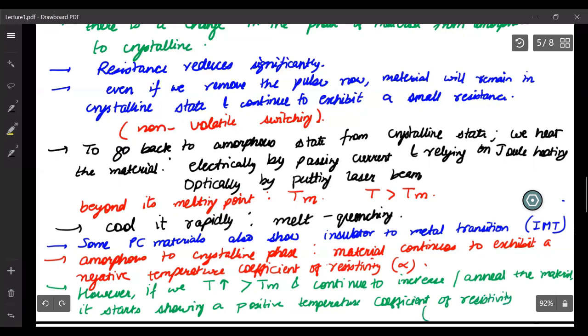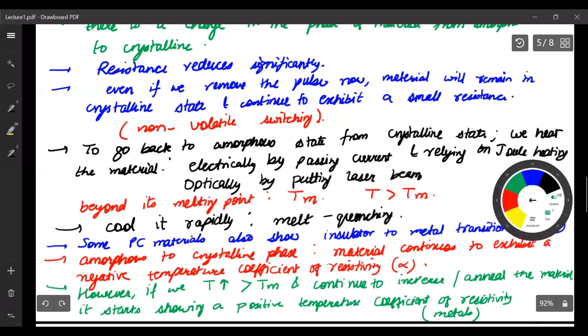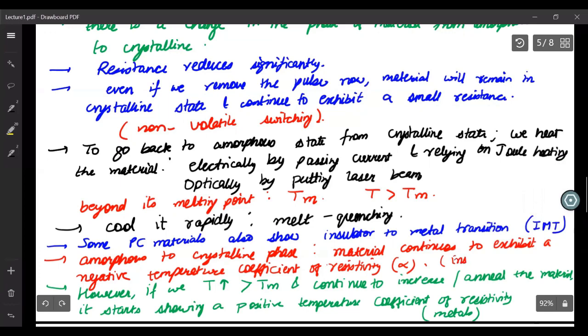This is a property of metals, and a negative alpha is a property of insulators. So since it changes its behavior from a negative temperature coefficient of resistivity to a positive temperature coefficient of resistivity, this kind of switching is called insulator to metal transition.